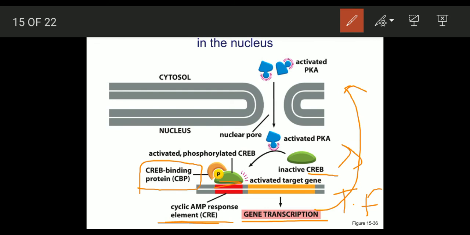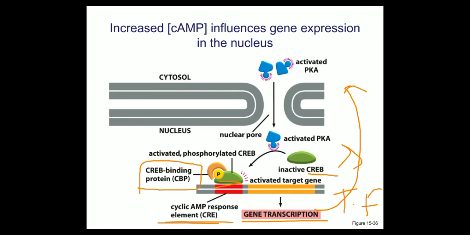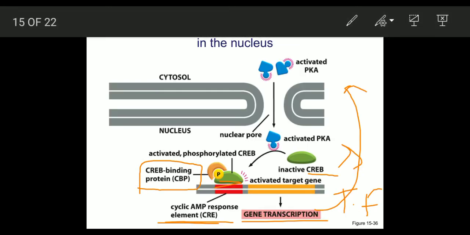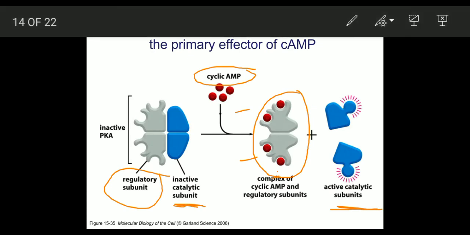So this was the basic idea for the GPCR cAMP mediated pathway. This cAMP is also called the secondary messenger because it is the first molecule to show a response in the cell.